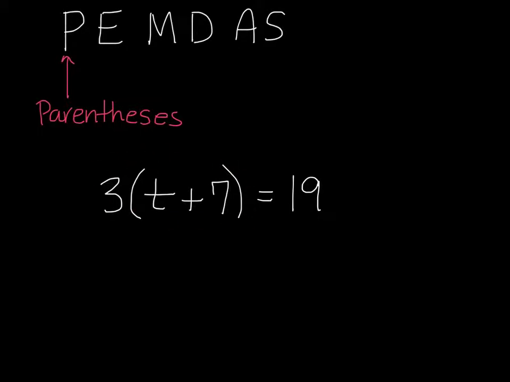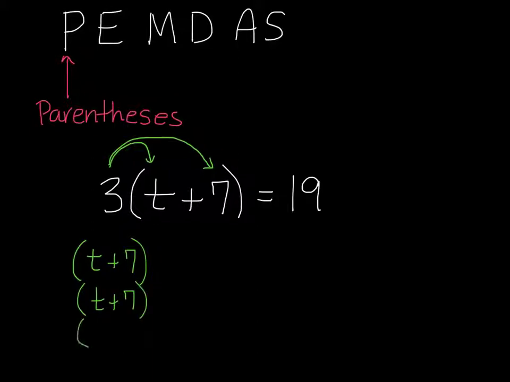And I know from the distributive property that I need to take the number that's in front and apply it to each of the numbers in between. So this is like saying I have 3 of the quantity t plus 7. I've got one t plus 7, another one, t plus 7, and another one over here, t plus 7. And that is going to balance on my scale. That's going to balance to be 19.